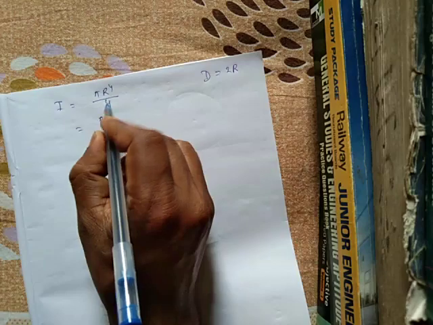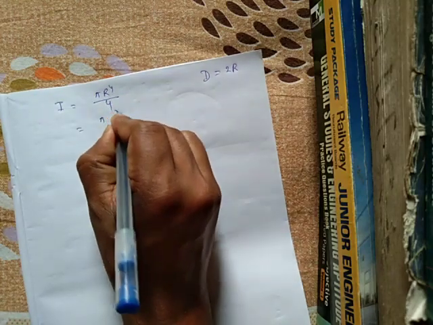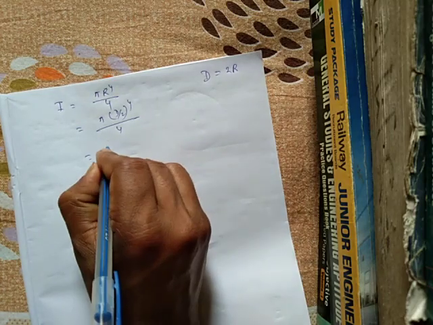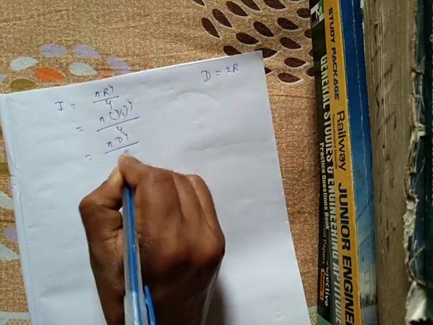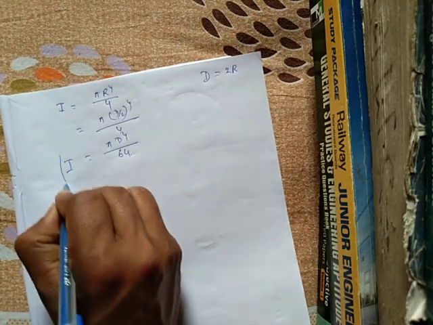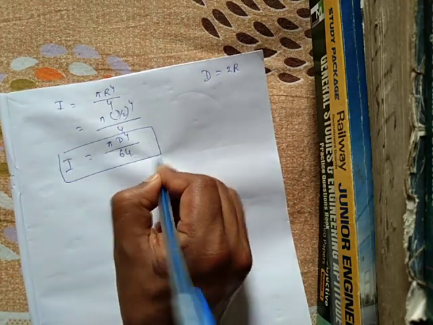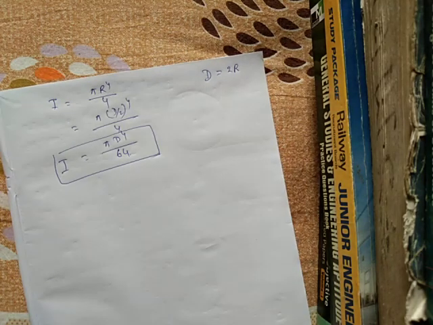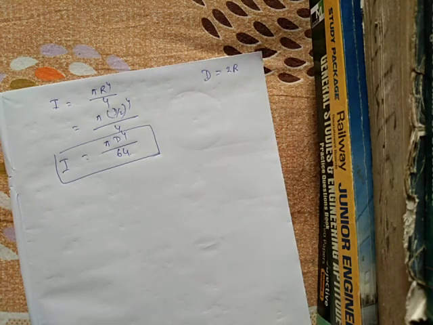So pi into (d by 2) to the power 4 divided by 4. The value will be pi d to the power 4 divided by 64. The moment of inertia about CG of a circular section is I equals pi into d to the power 4 divided by 64.